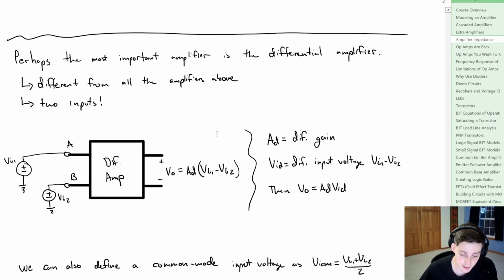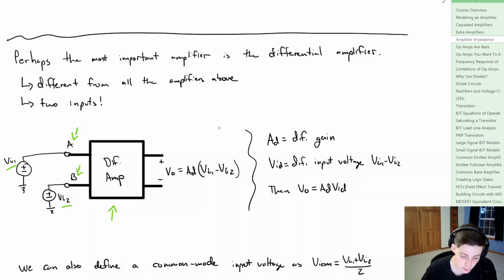So it is quite different from the amplifiers we've looked at above because there are 2 inputs. So in the picture here, where we have this block that represents a differential amplifier, we have an input A and an input B, and we would tie voltages or signals to A and B. So we'd have VI1 and VI2.